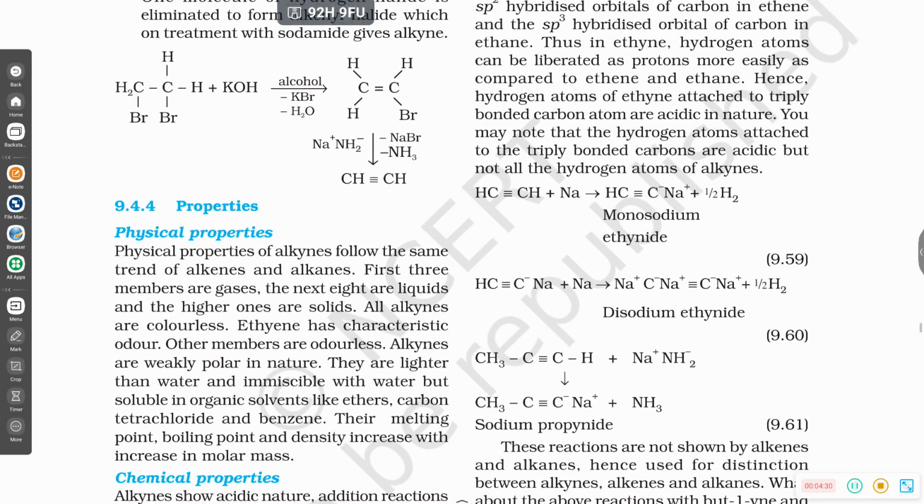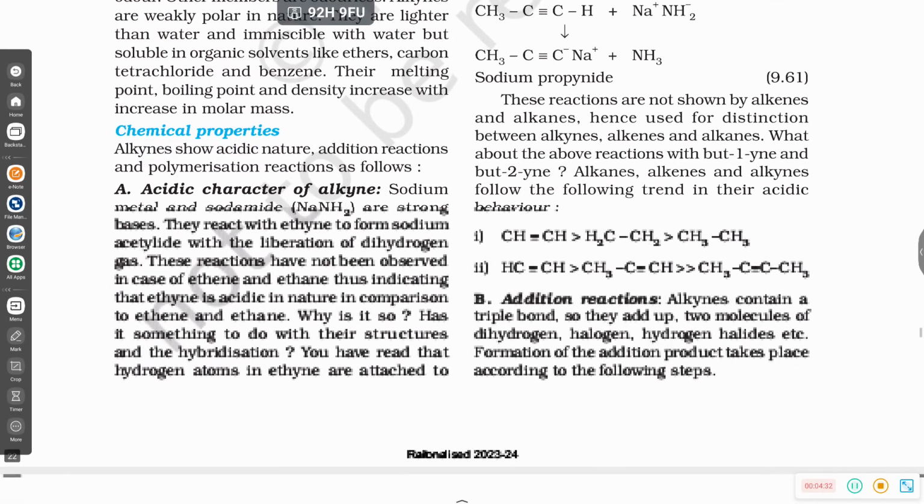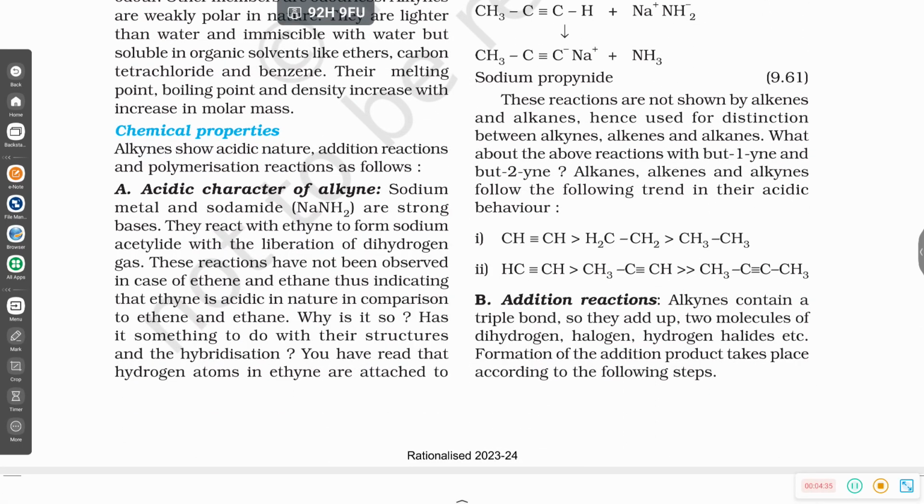Now see, the next one, the point they have given. I said alkynes are strongly acidic when compared to alkenes, with the double bond here and double bond here. This is an alkene. Terminal alkynes are strongly acidic. You see, this one has both sides terminal.